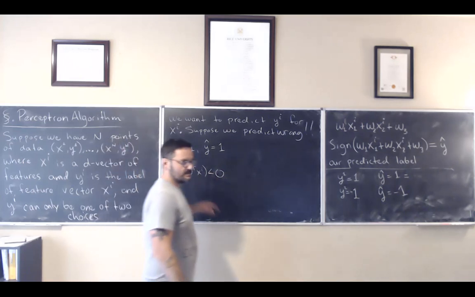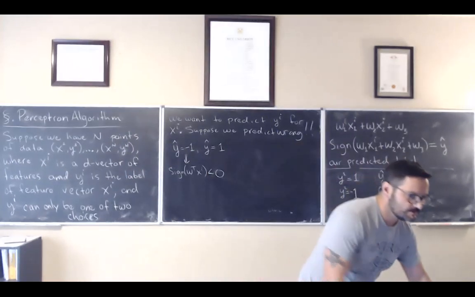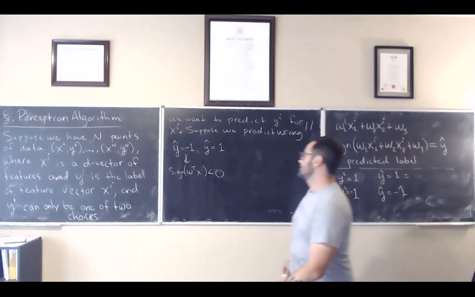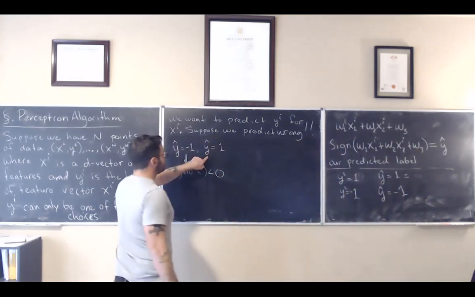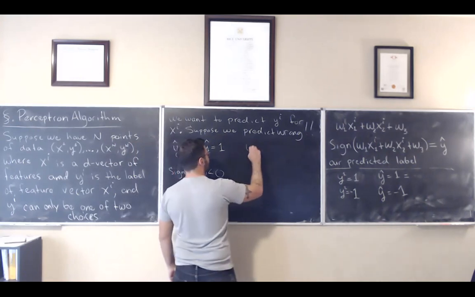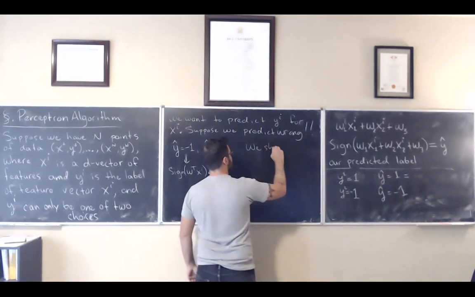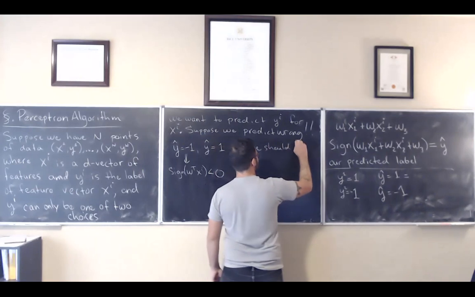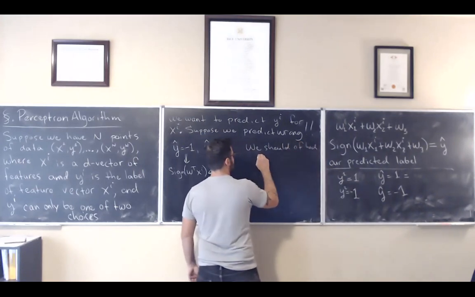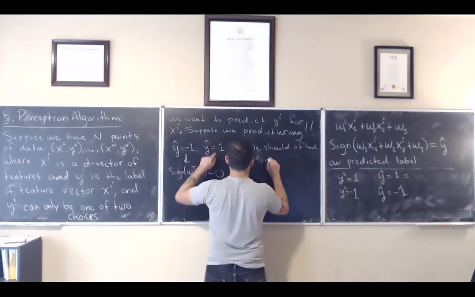That means that the sign is less than 0. Do y'all agree? That's what the prediction is. So, but what does this mean? It means that we should have had the sign be positive.